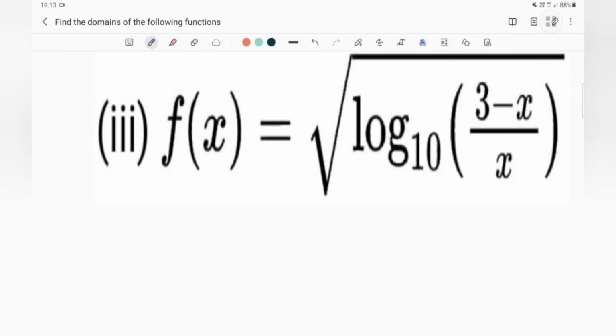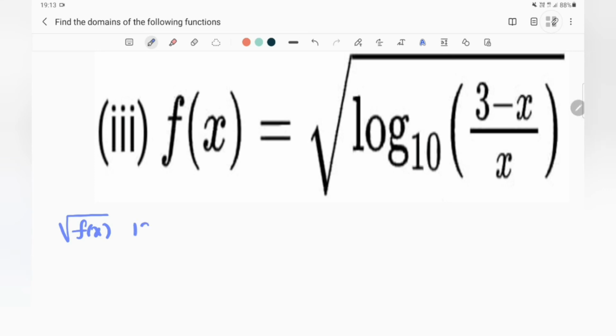Yeah, next question. Find the domain of f of x equal to square root of log of 3 minus x by x to the base 10. Here two important things you have to remember, dear students. First, the function root f of x. So that means log of 3 minus x by x base 10, that is completely f of x.